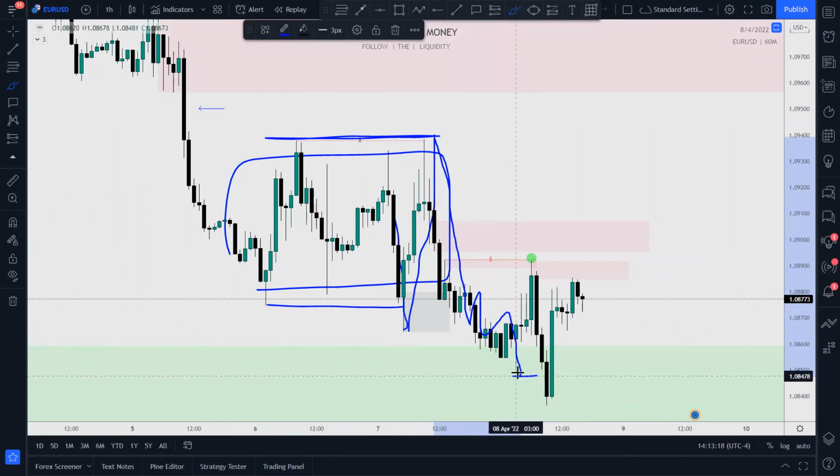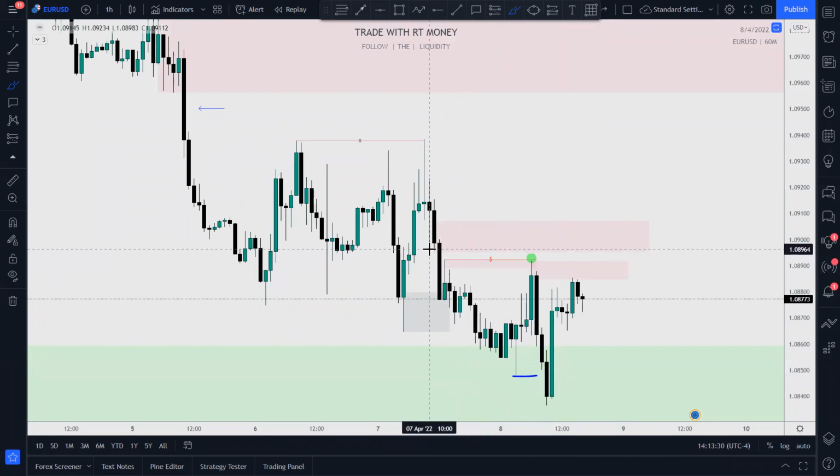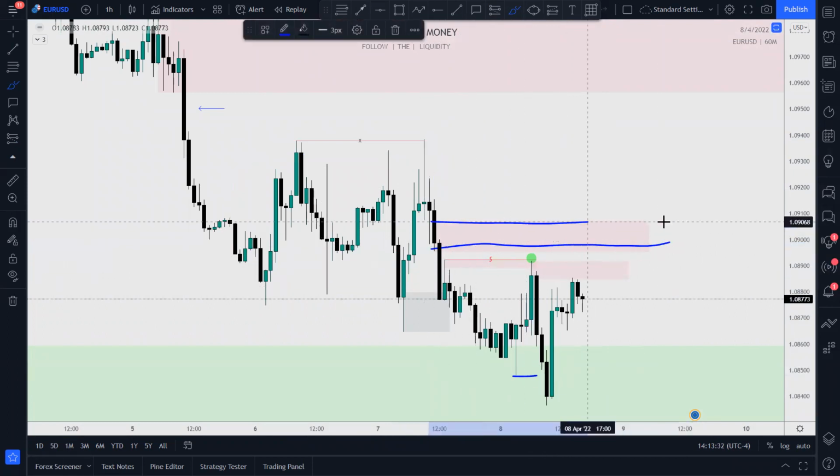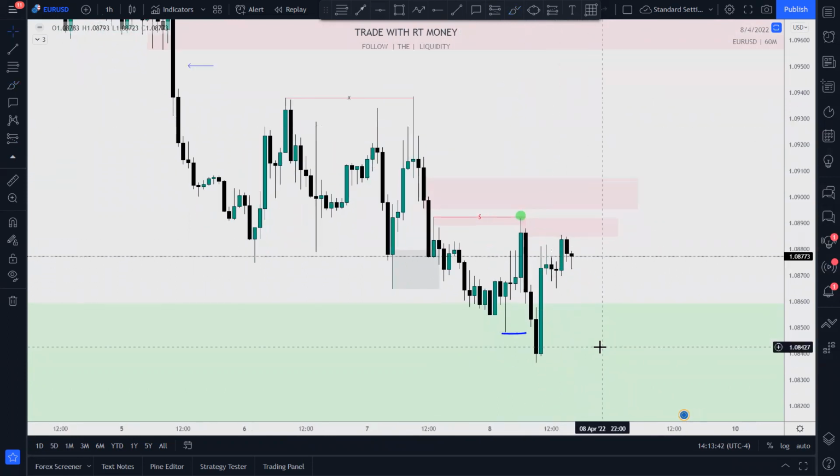We made this low, we had a nice pullback, which created these equal highs here. Very important. Why? Because right above that is an unmitigated supply zone. That's why I got that green dot there. Very important.